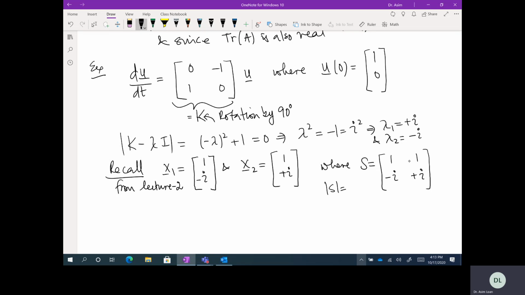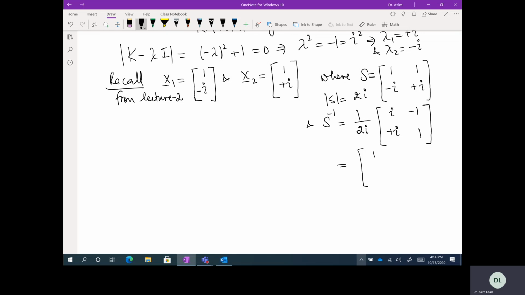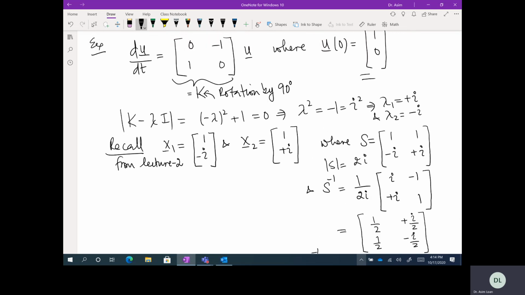Determinant of S is 2 iota, and S inverse is equal to 1 over 2 iota into iota, 1, minus 1, plus iota, which is equal to half plus iota over 2, half minus iota over 2, right? And what is C?